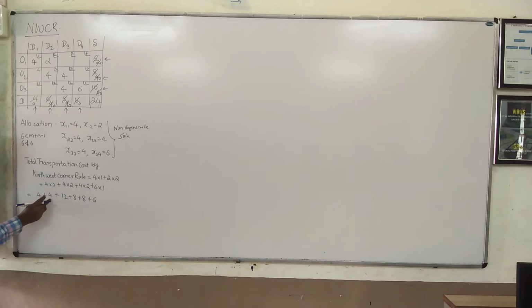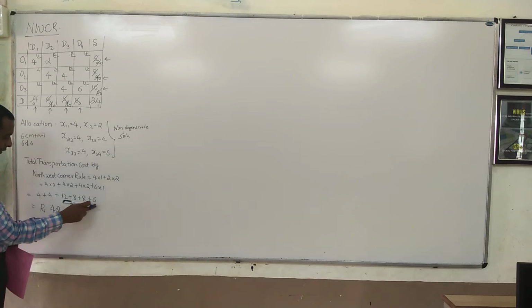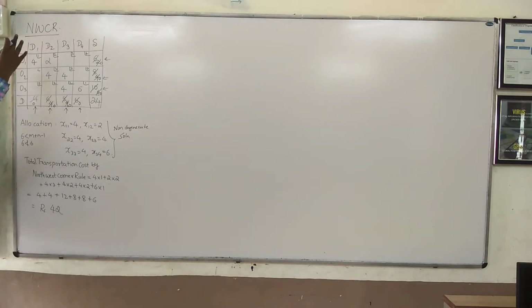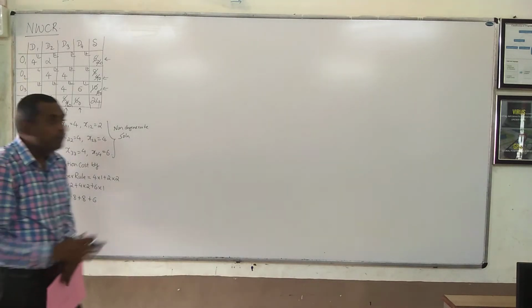So the answer is 8, 20, 28, 36, 42. So it is 42 rupees. This is the solution we got.